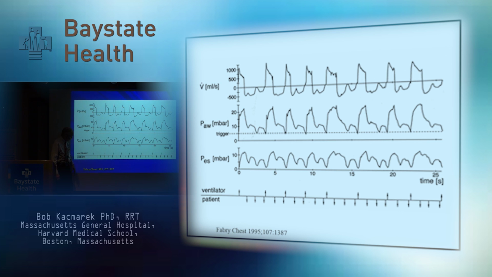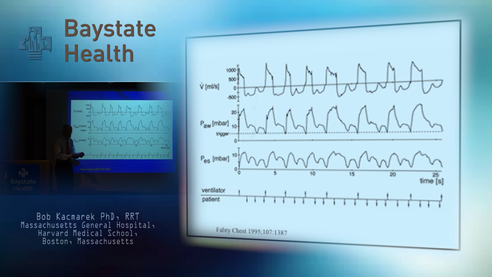But you'll see some patients, this is a COPD patient, where you have a very consistent pattern of mistriggers and double triggers. Probably because patients who mistrigger, almost always it's because of auto-PEEP. They've developed auto-PEEP because of the way we set the ventilator or because of their intrinsic lung disease. So if we set the ventilator in a way that limits their expiratory time or gives them too big a tidal volume, they may not be able to exhale during the time allotted to bring them back to baseline.